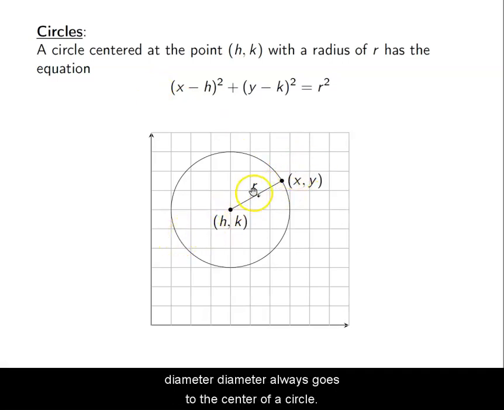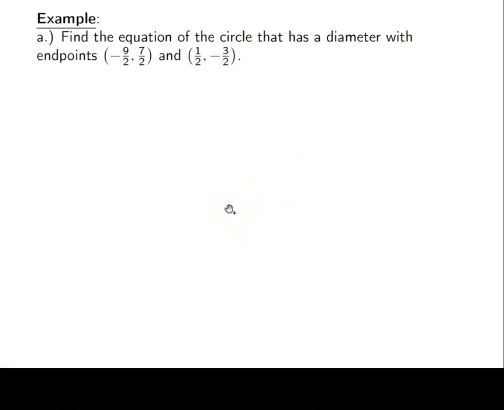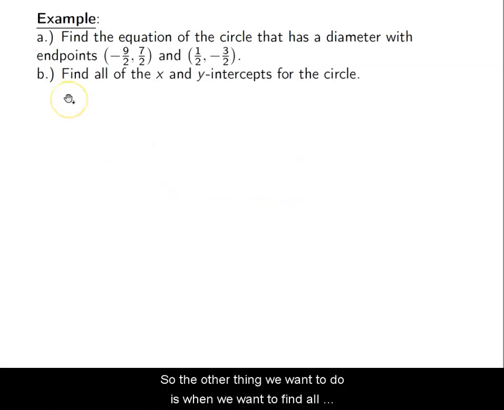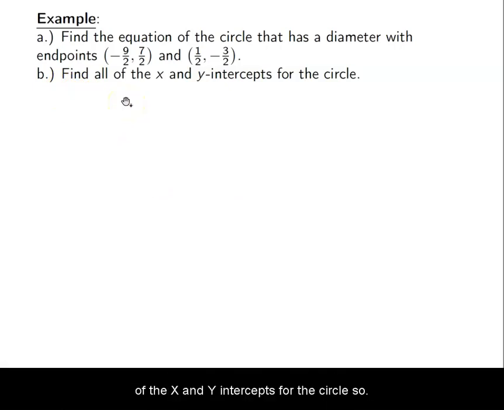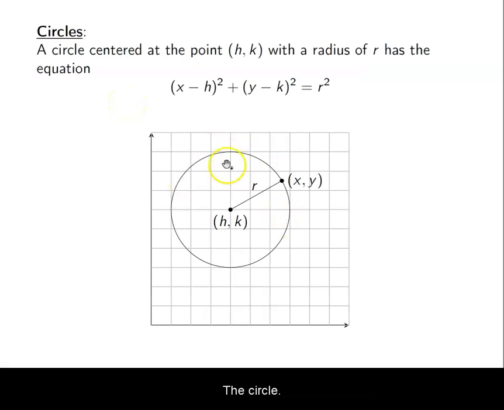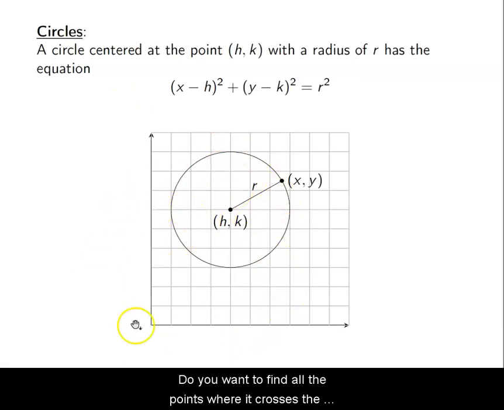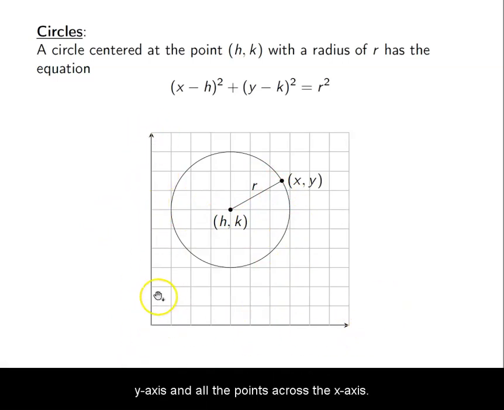A diameter always goes through the center of a circle. The other thing we want to do is find all of the x and y intercepts for the circle. So if this circle is off-centered somewhere, we want to find all the points where it crosses the y-axis and all the points it crosses the x-axis.